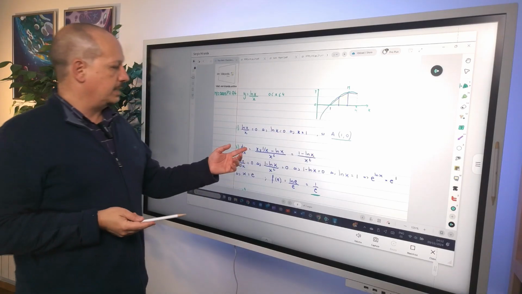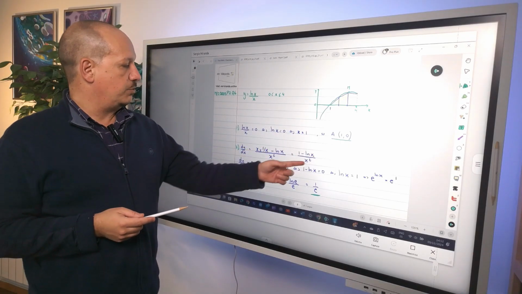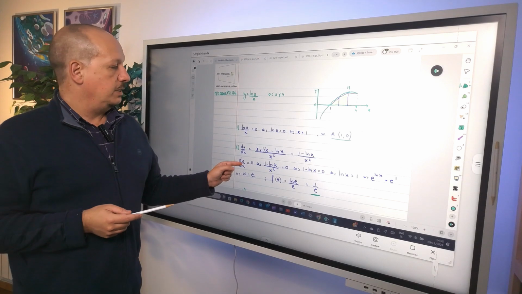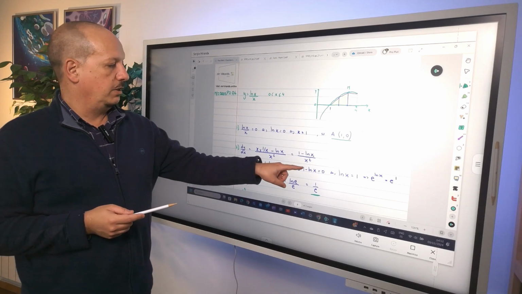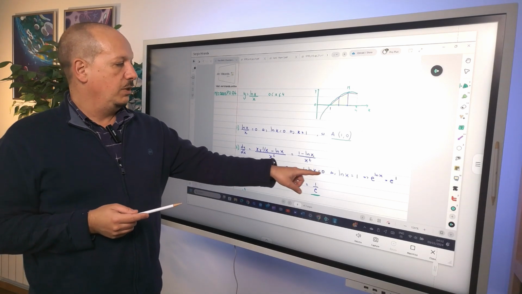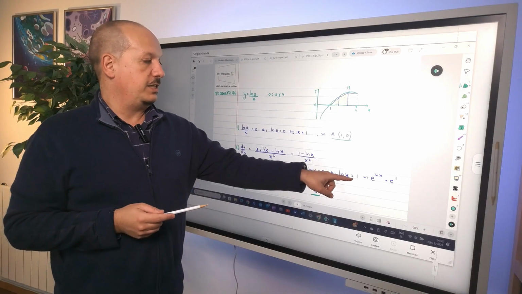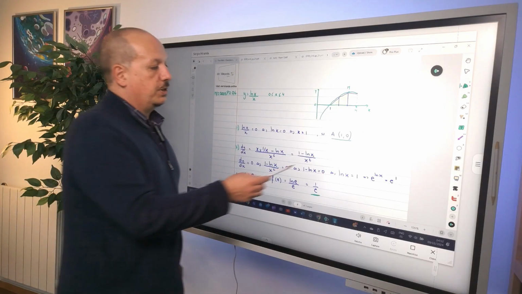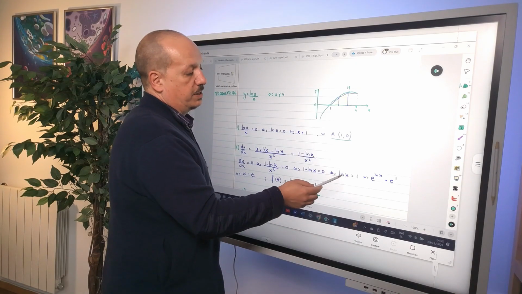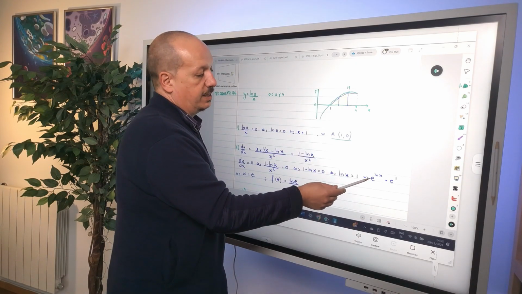You already know this for a long time. Do it, and this is what you get. Equal this to 0. This only happens if 1 minus natural logarithm of x is 0, or natural logarithm of x equals 1. And once you get that, you just do the opposite of the natural logarithm, which is the e.